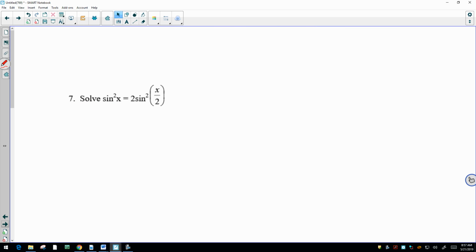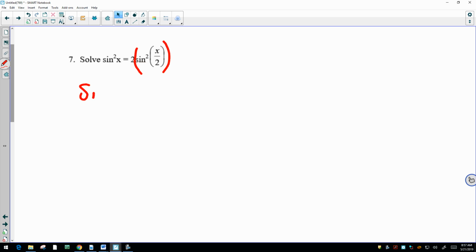And then lastly, we're going to solve for this. Okay, so we're using some of our substitutions here. In place of this sine squared, we are going to do a substitution. We are going to have sine squared of x is equal to 2, and we're going to substitute 1 minus cosine of x over 2.